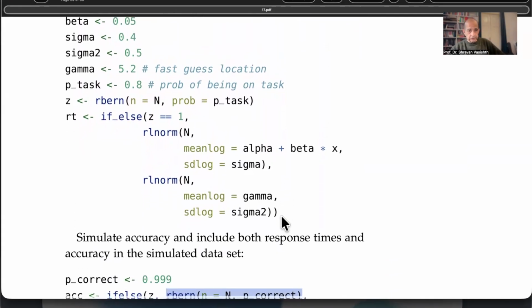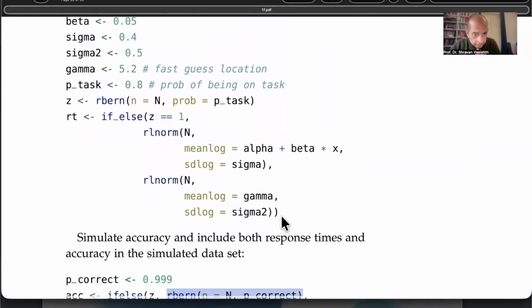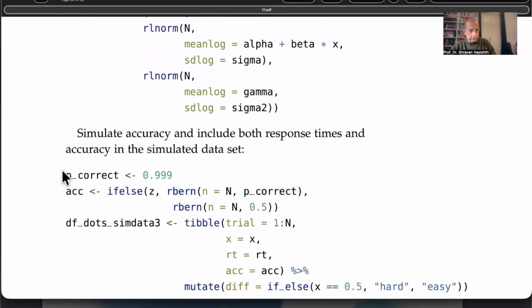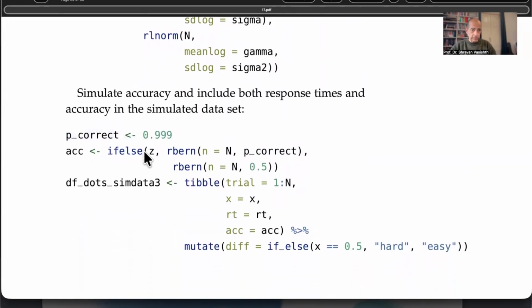Sorry, it's here, right? So we're just setting up a high accuracy of producing a correct response if z is 1. Otherwise, we're sampling from a Bernoulli distribution where there's a guess involved.